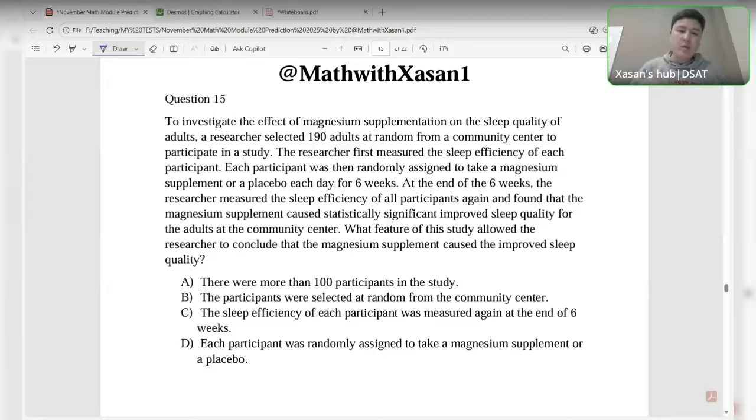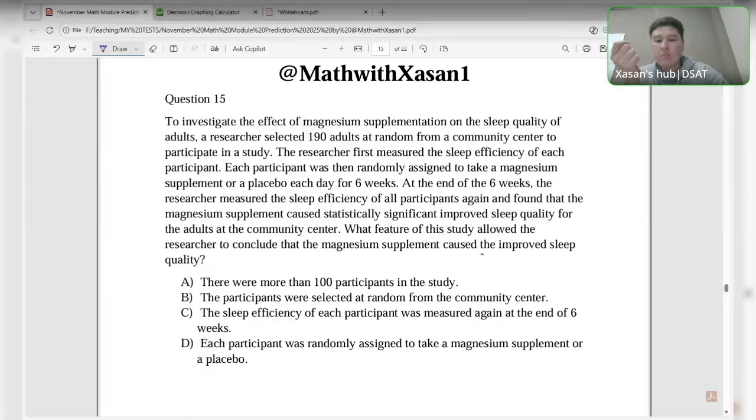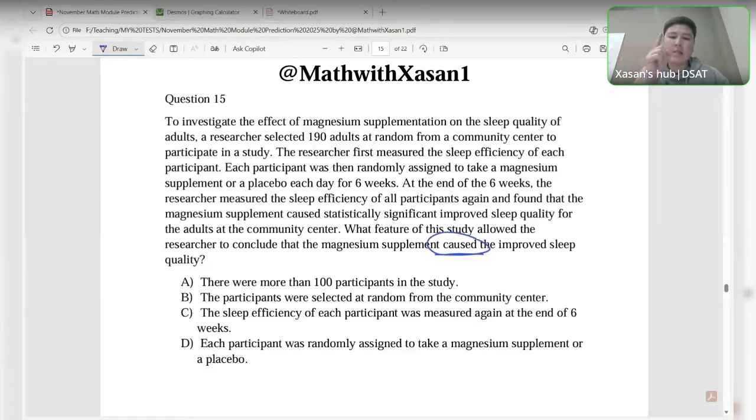At the end of the 6 weeks, the researcher measured the sleep efficiency of all participants again and found that the magnesium supplement caused statistically significant improved sleep quality for the adults at the community center. Yeah, guys, magnesium helps you sleep well. What feature of this study allowed the researcher to conclude the magnesium supplement caused this improved sleep quality? Guys, there is just one thing.